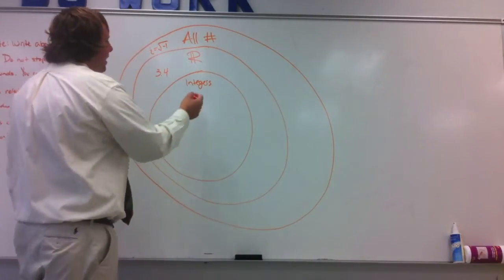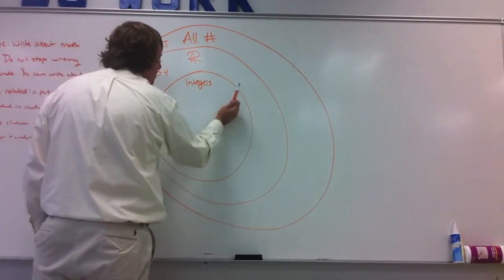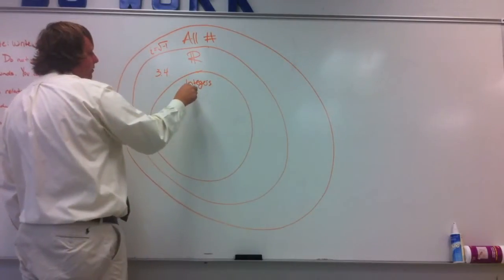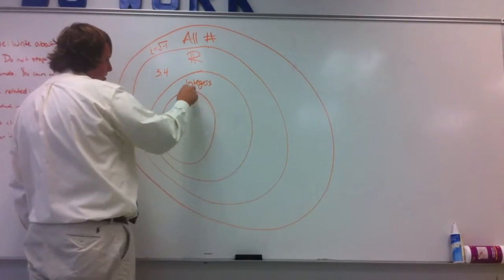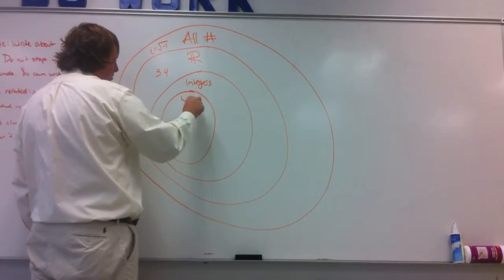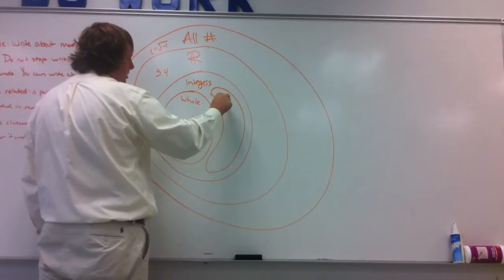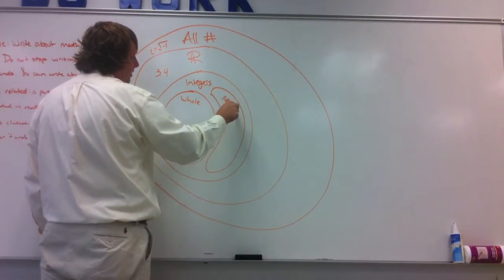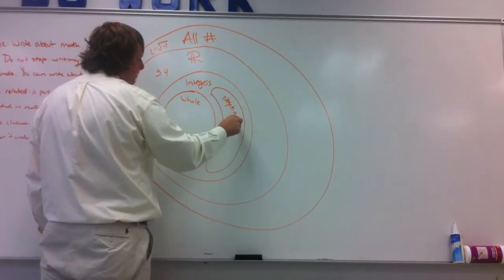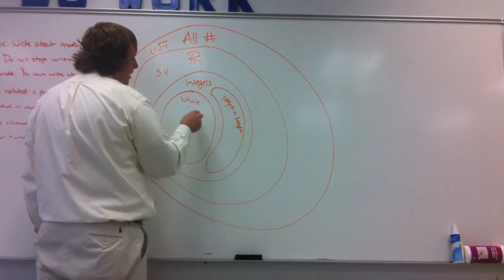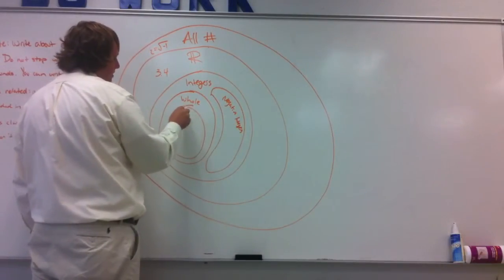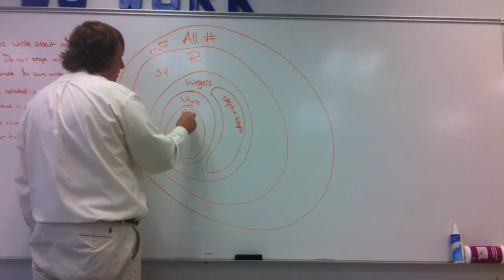So, within integers, we said we had different types of integers. We have, first off, whole numbers. Okay? And here, we can have negative numbers, or negative integers. Within the whole numbers, we have positive integers.